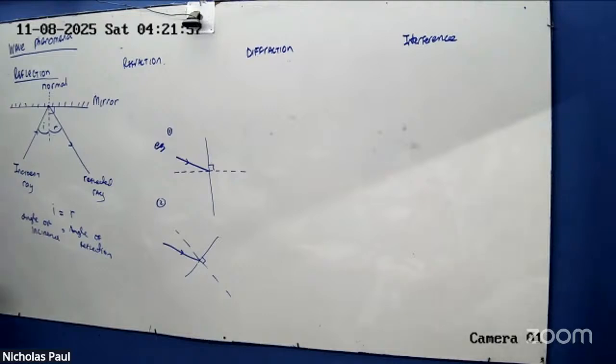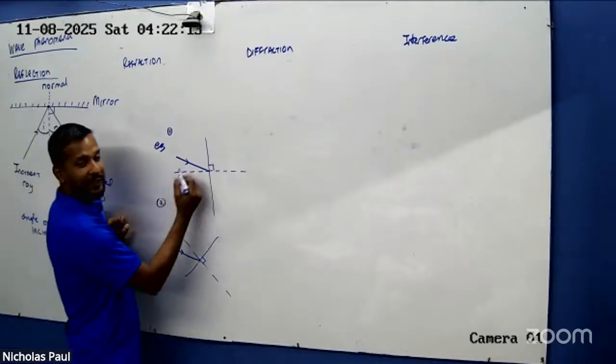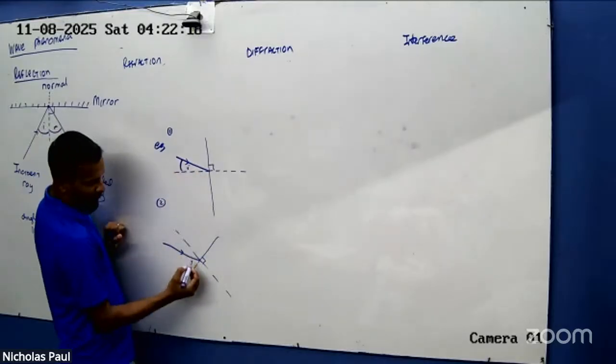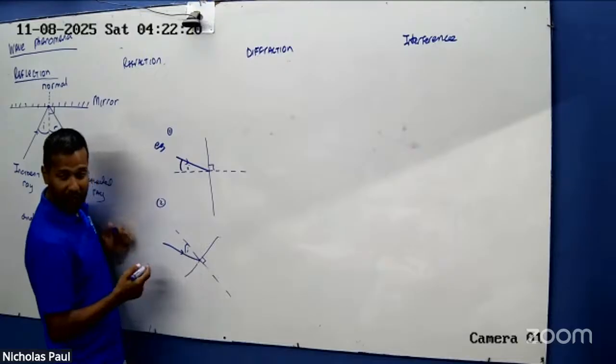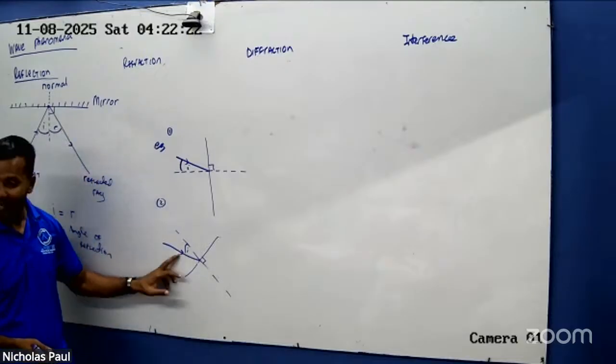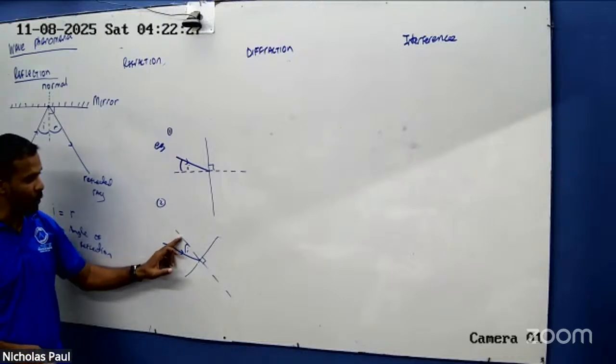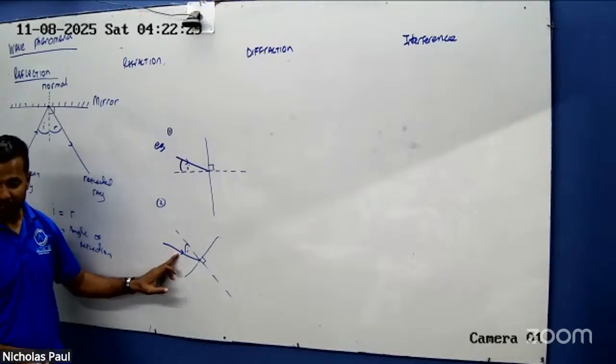So right here, between the ray and the normal, that's the angle. Right? Not between here and here, not between the surface and the ray. You always measure between the normal and the ray. That's okay?